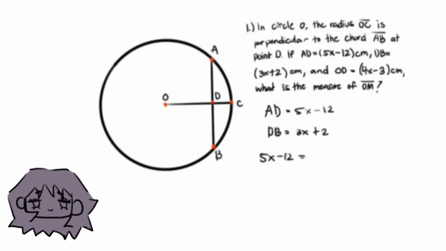So 5x minus 12 is equal to 3x plus 2. So now we're going to be transposing 3x. So 5x minus 3x equals positive 12 plus 2.